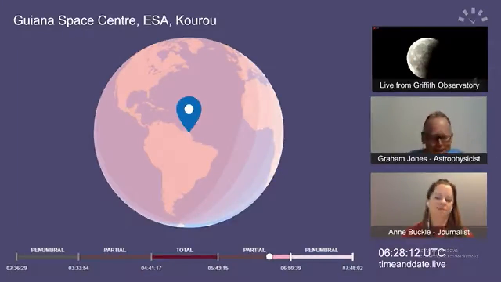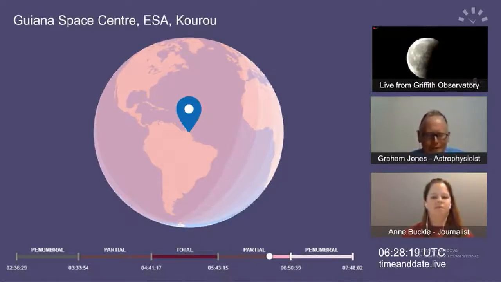It's also outside of the area of cyclones and earthquakes, and also French Guiana is part of France. It's a French territory, and for all those reasons, the European spaceport is there in French Guiana.